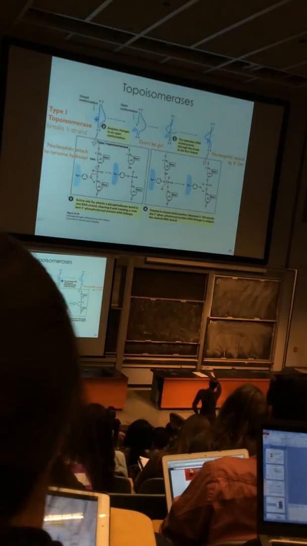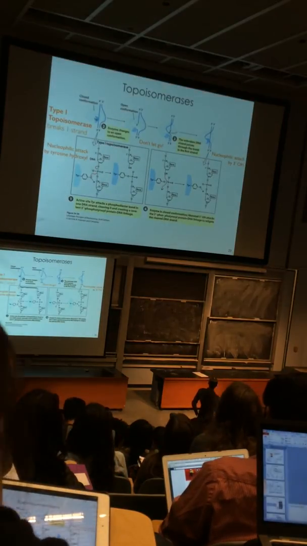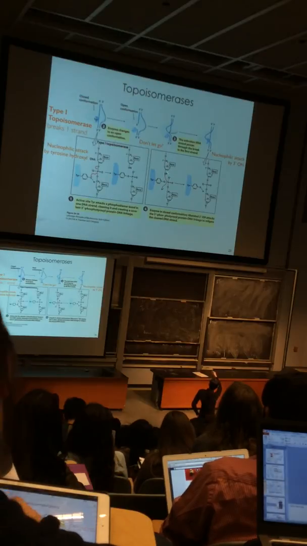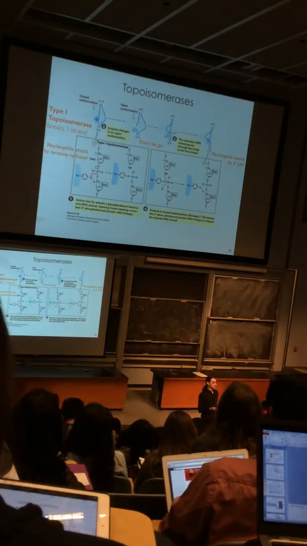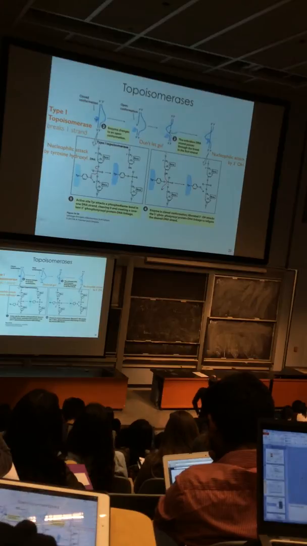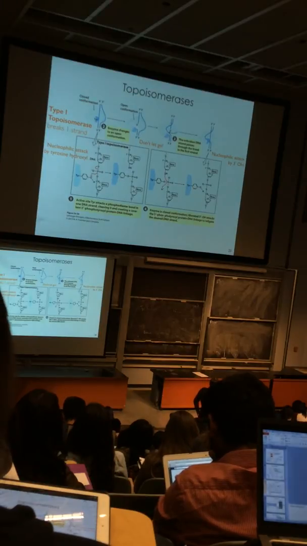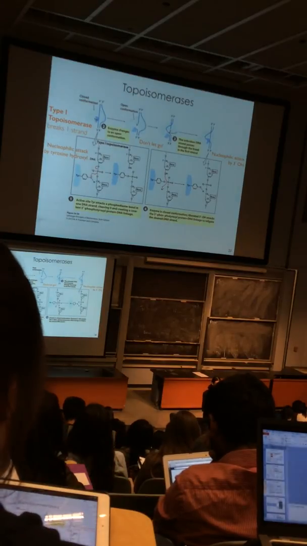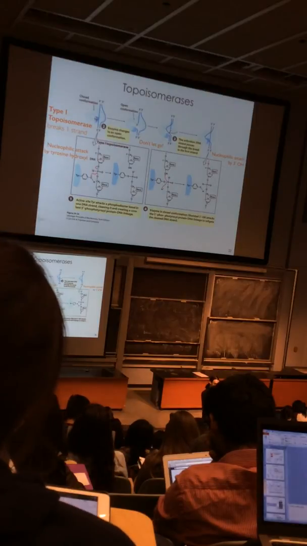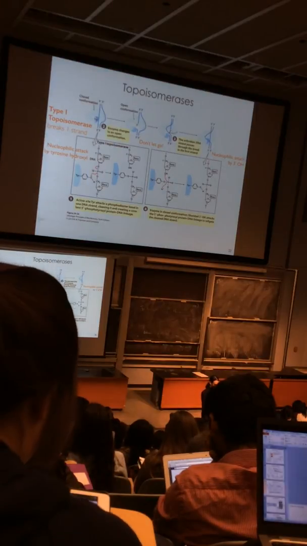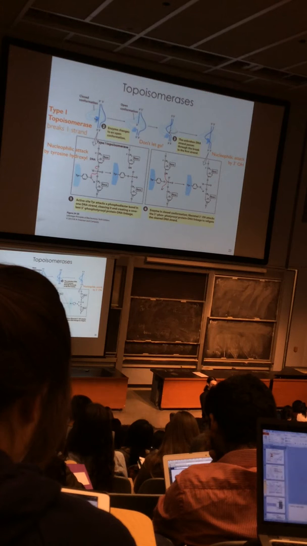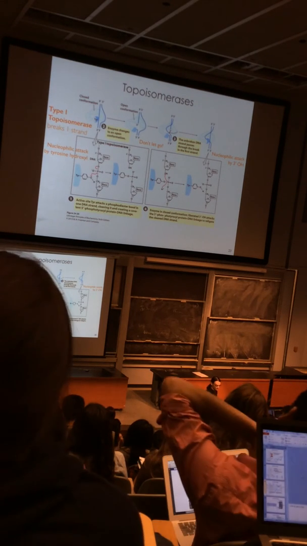And then it simply reverses the reaction to reseal the backbone, preceded by the nucleophilic attack of the 3' OH back on this tyrosine phosphoester. And by doing this, you can interconvert DNA. Because there's no energy involved in this process, it's always relaxing the DNA towards its lowest energy form.